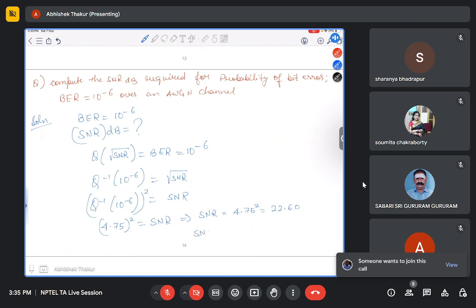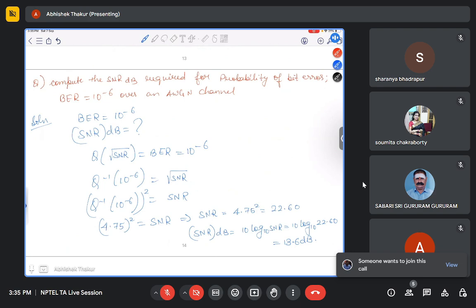Now SNR in dB is equal to 10 log 10 of SNR. So that is equal to 10 log 10 of 22.60, which is equal to 13.6 dB.